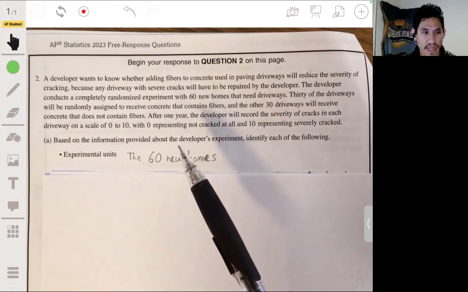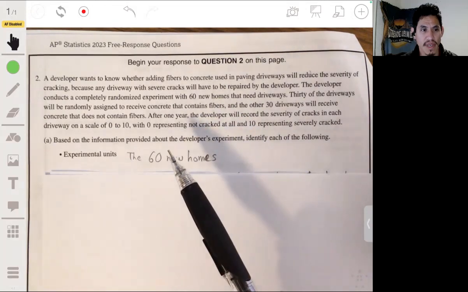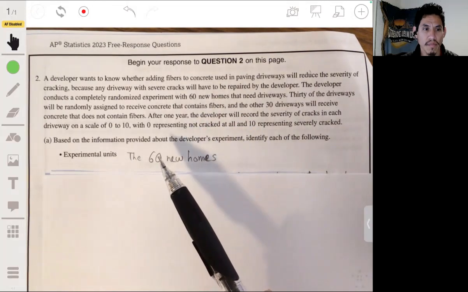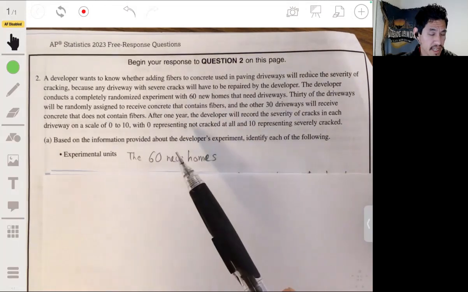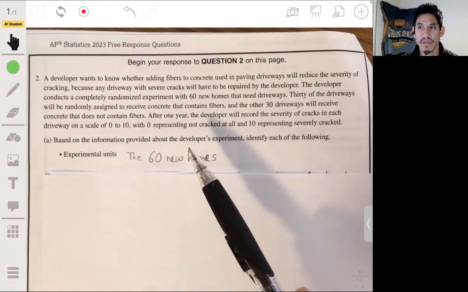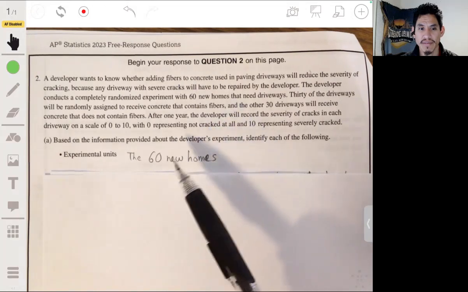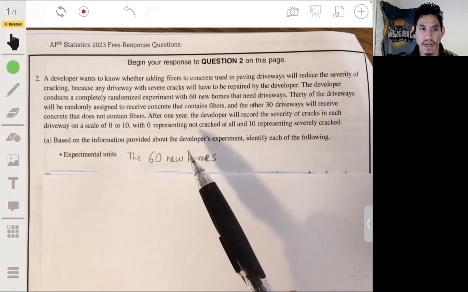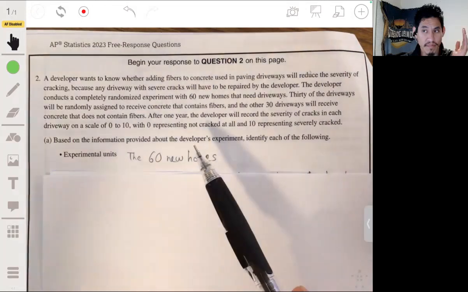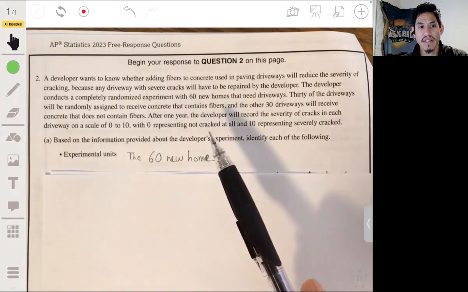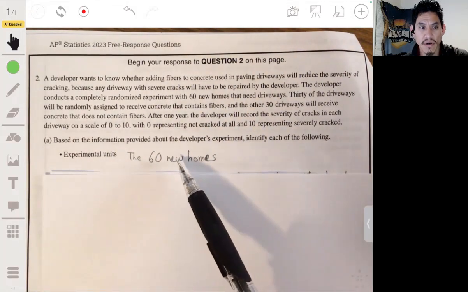I'm going to assume that a lot of answers said the 60 driveways, and I even looked at some solutions online and some other videos. They even said 60 driveways. But I'm going to say this is a mistake. The correct answer should be the 60 new homes.